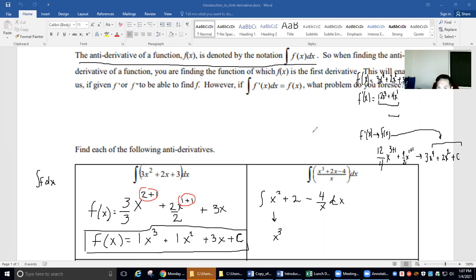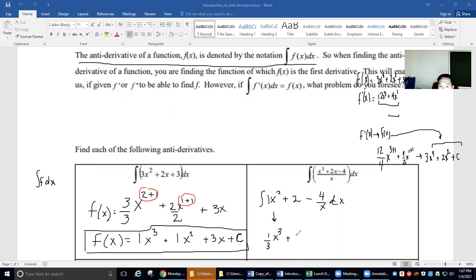So x to the third power. Now, there's a 1 here, right? So 1 divided by what? What exponent? 2 or 3? 3. Correct. So always divide by the new exponent, okay?